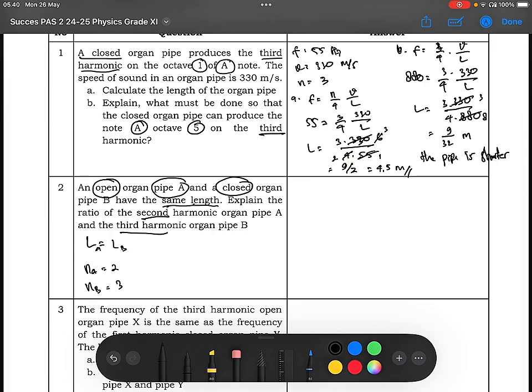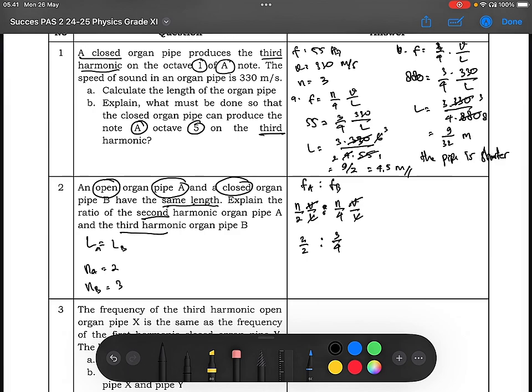So the ratio of FA with FB: the open organ is n over 2, v over L, but then FB, closed, is n over 4, v over L. If the v is the same and the L is the same too, you can substitute n with 2 over 2 for A, then for B n is 3 over 4.